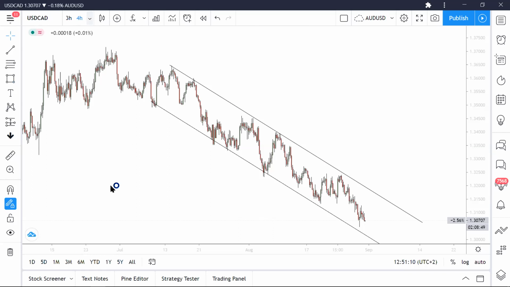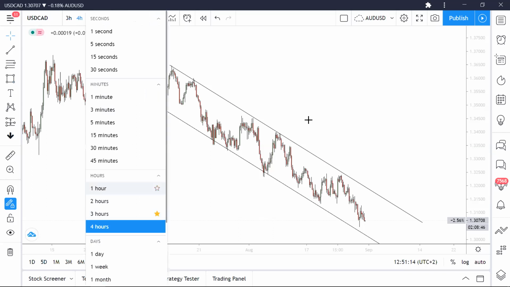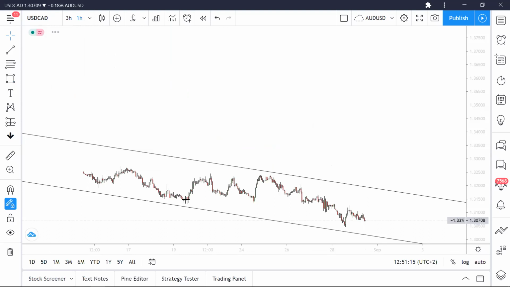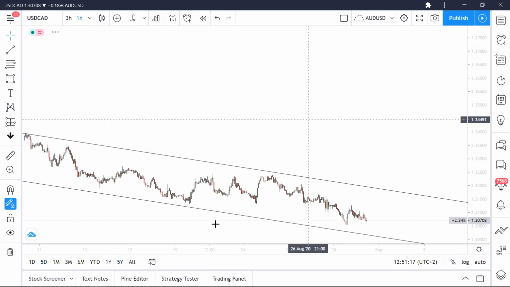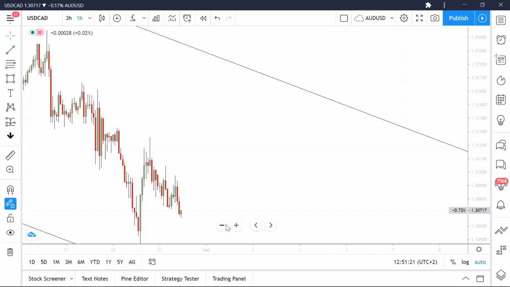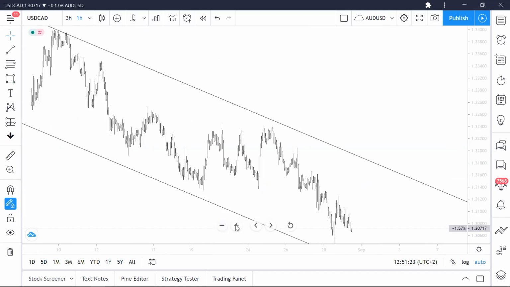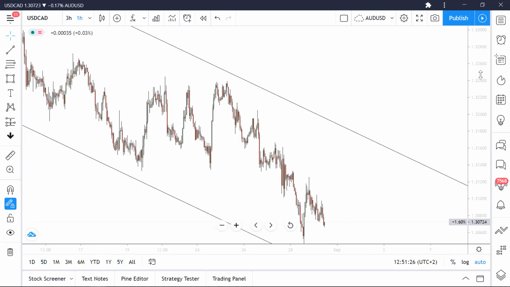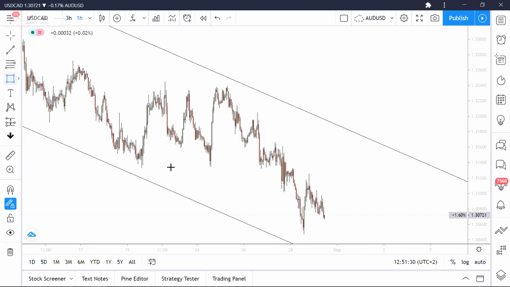Now, if I go to the hourly time frame, I just want to focus on the market structure there as well. If I zoom out a bit, on the hourly time frame you can see the support much more clearly.